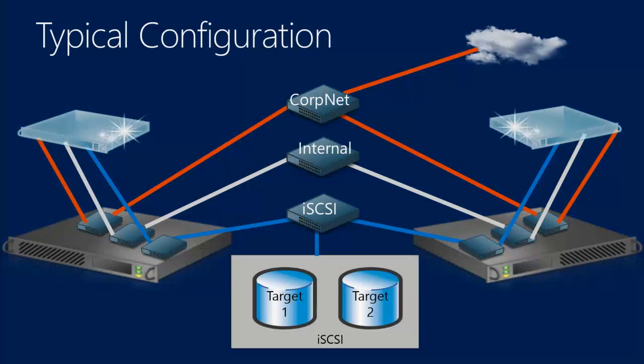And then you need a couple of networks: at least one out to the world, and an internal network so that we have redundant paths between the guest clusters like you have physical clusters.